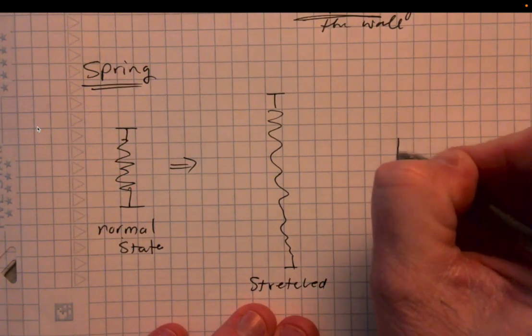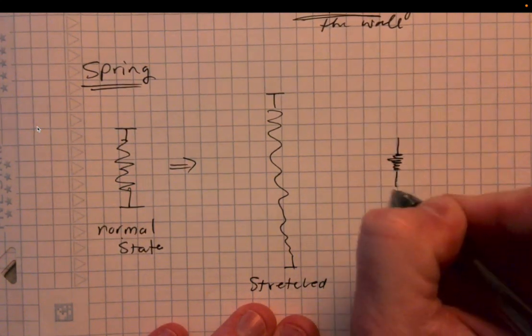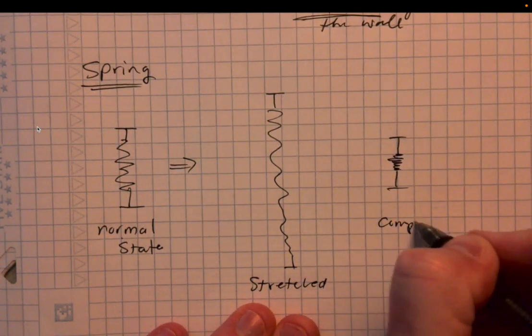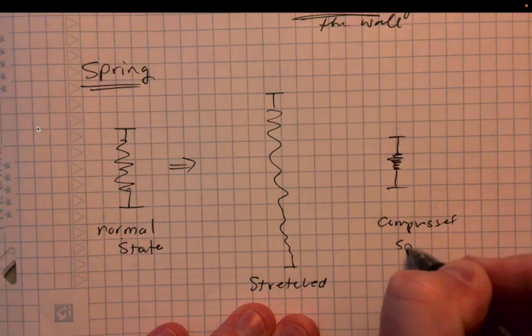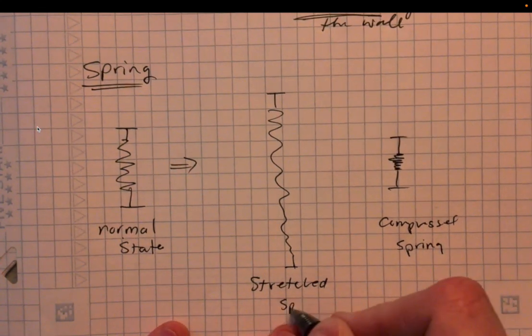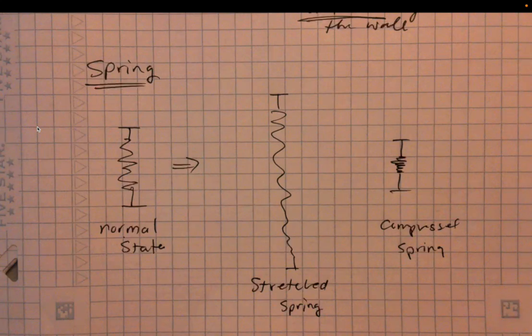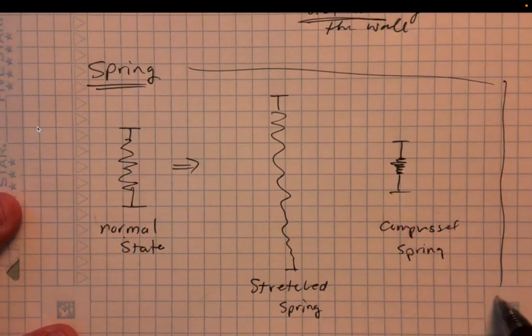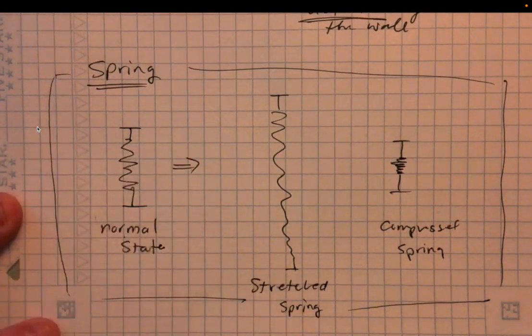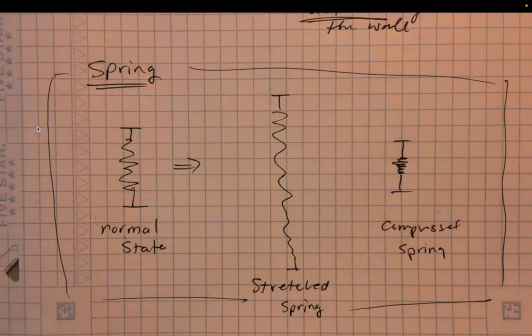Similarly, if I compress the spring very tightly, it's going to want to expand. It's going to want to stretch out until it reaches this normal state. And so the spring is the ideal example of this elastic potential energy.